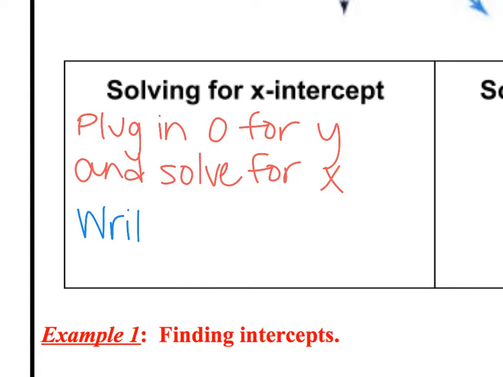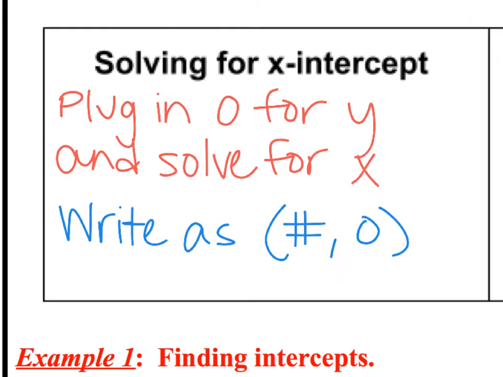Please write your answer as whatever number you get, 0. 0 is because it's on the x-intercept, so on the x-axis, and so that's where y is equal to 0.